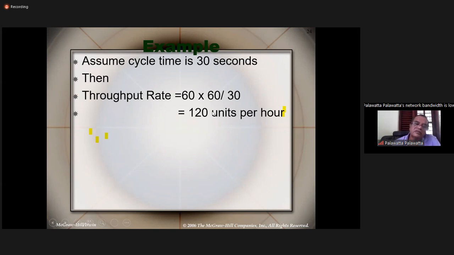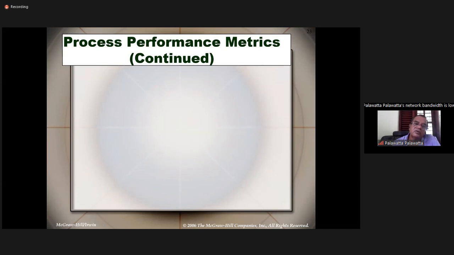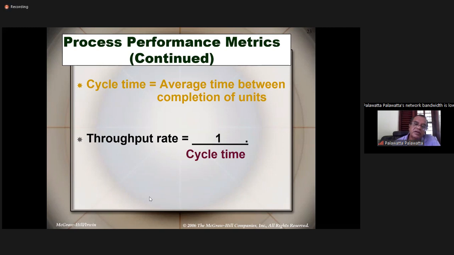So that's how we calculate throughput rate. Throughput rate is 1 divided by cycle time. You have to decide whether this is in hours, or in minutes, or in days, and so on.